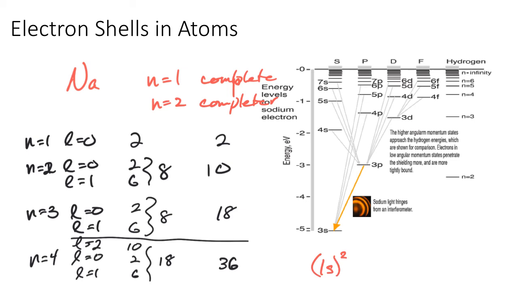It has 2 electrons in it, so we say 1s squared. It has 2s squared. It has 2p 6, and then one final 3s. That's the electron state of sodium, listing the states of all its electrons. Sometimes we just say it's 3s.